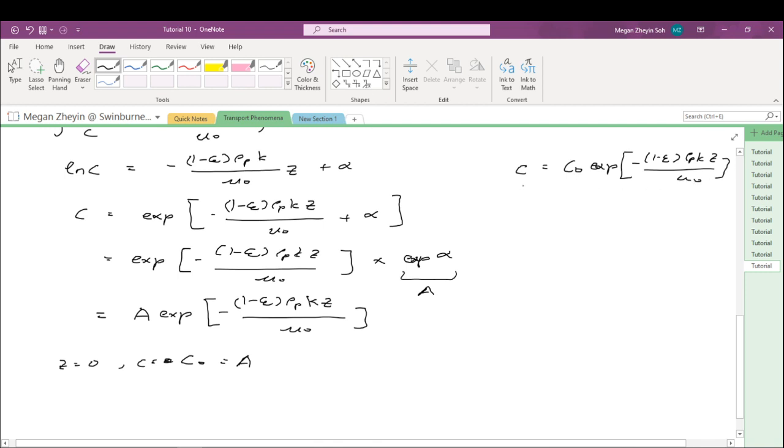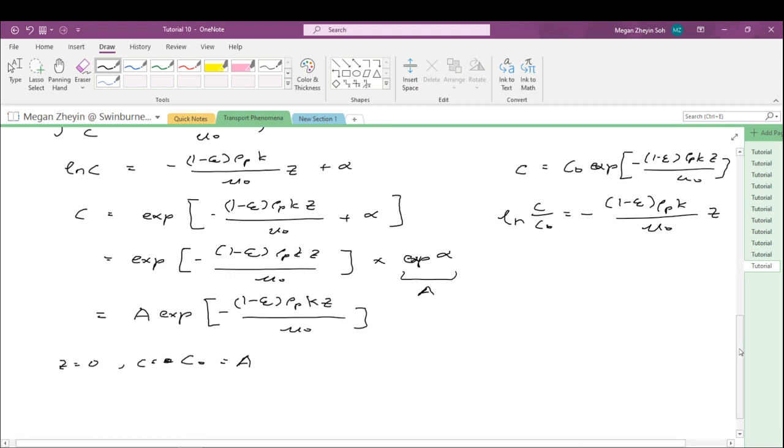So we bring C0 over and take ln on both sides. Take the log of both sides over here. So we should get ln C over C0 equals, if we take the ln of the exponent, rho p k over velocity multiplied by z.